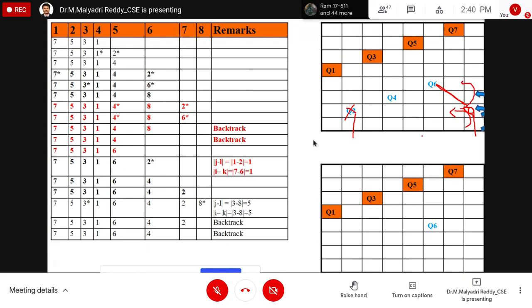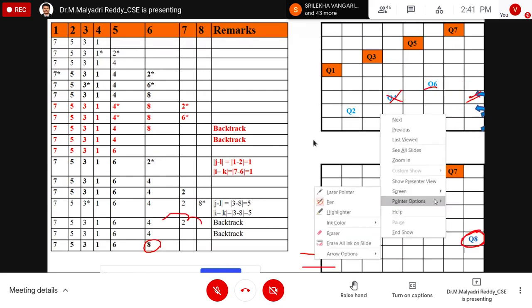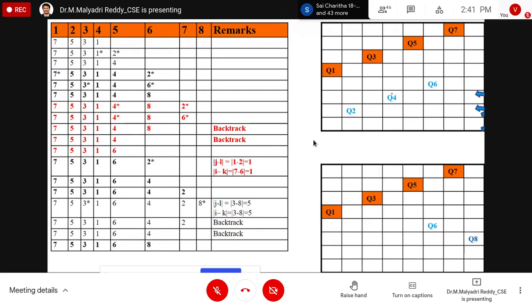Okay, sir. In the previous position Q6 is already placed, right? Previously we placed the Q4 here, right? Yes, sir. So what is remaining? Q2 is not feasible, Q4 is not feasible, then the alternative Q8 is feasible, right?